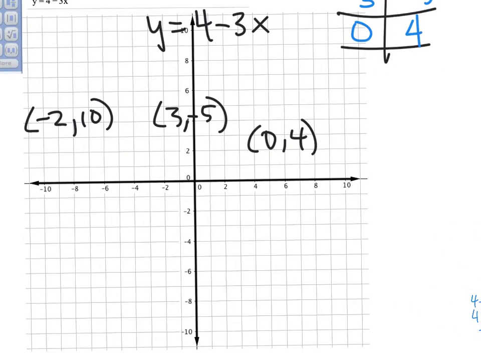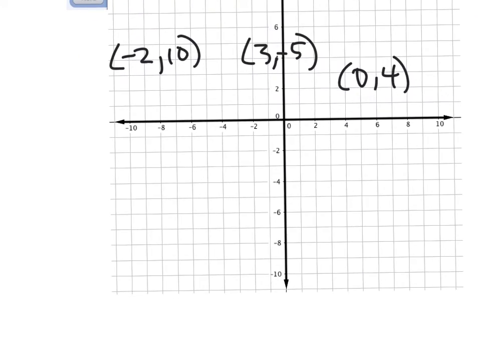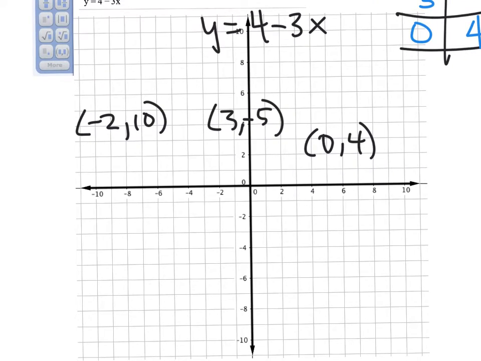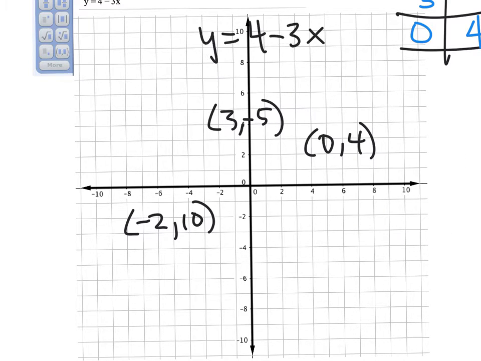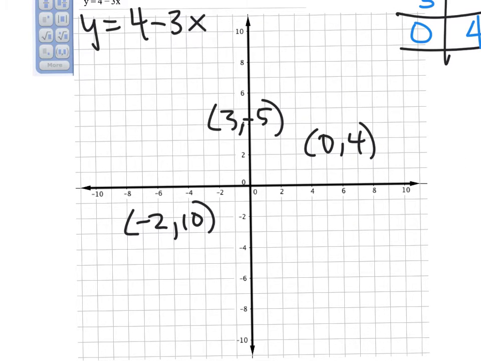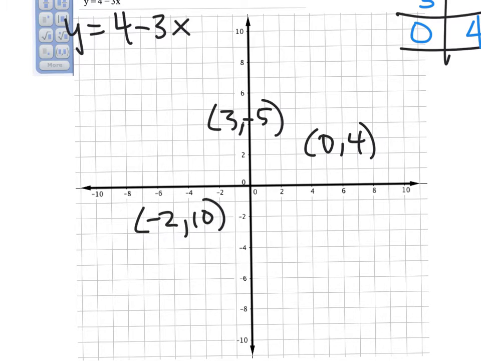So let's zoom in and let's plot our points. So where is -2, 10 going to go? And it turns out we're going to have to get this guy a little out of the way. Let's put it right here. So where is -2, 10? Well, it's going to go to the left 2 and up 10. So our point is not there.